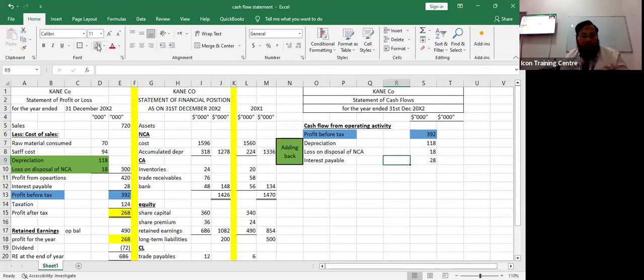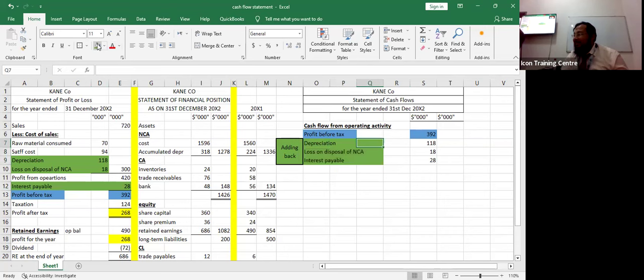So we add all those expenses back in the cash flow statement.